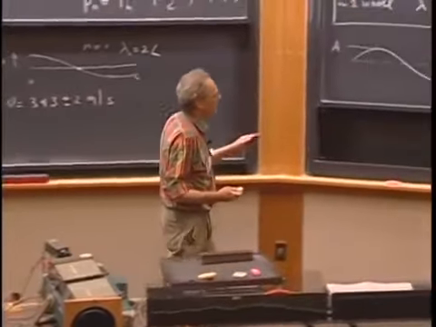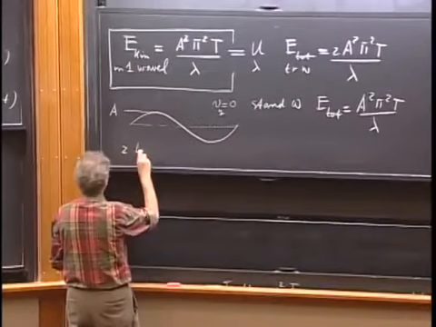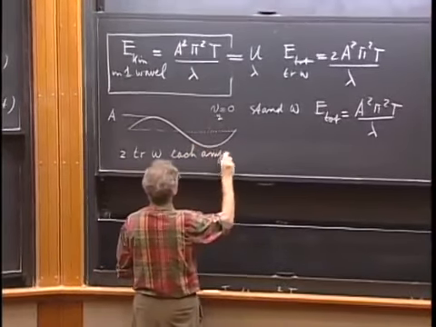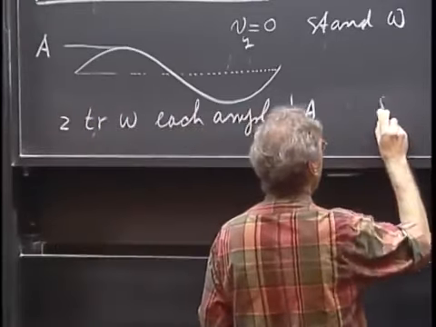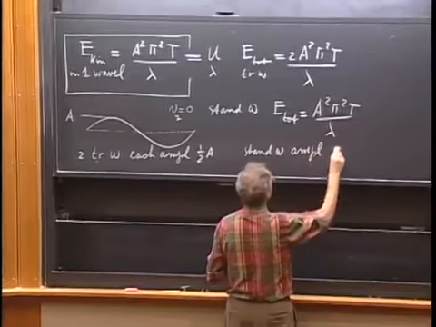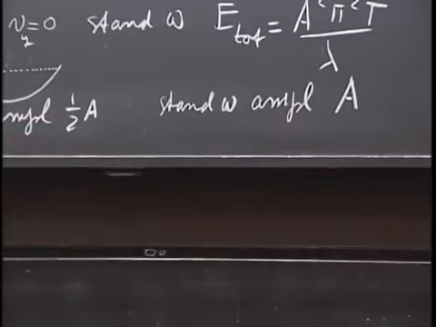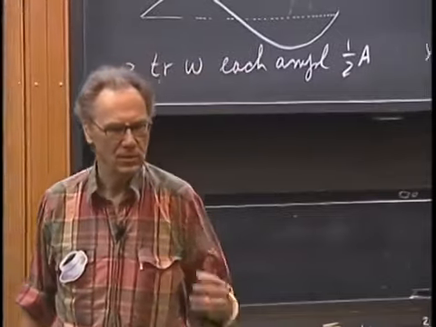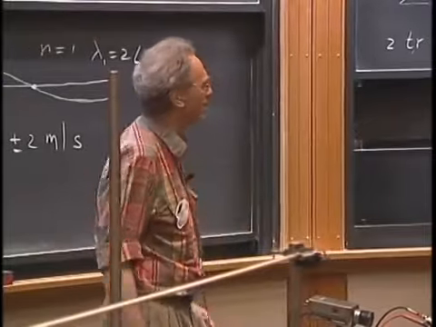So therefore, I make the following statement now, which is testable: two traveling waves, each with amplitude 1/2 A, I'm going to compare them with a standing wave with amplitude A. There must be the same energy in a standing wave with amplitude A as there is in two traveling waves with amplitude 1/2 A. Did we follow that? Was that too difficult? Because we know that we can make the standing wave that way.